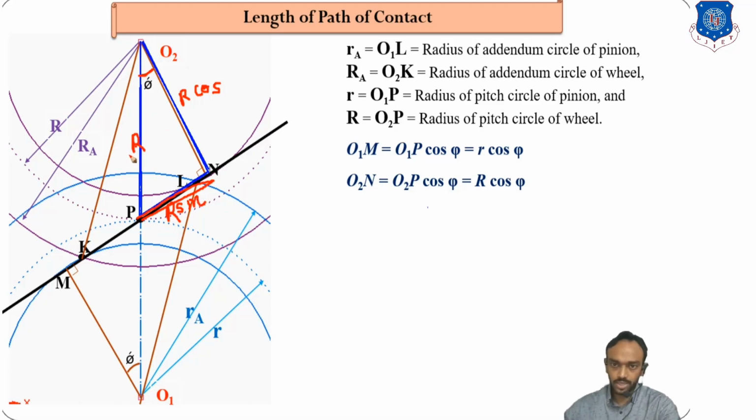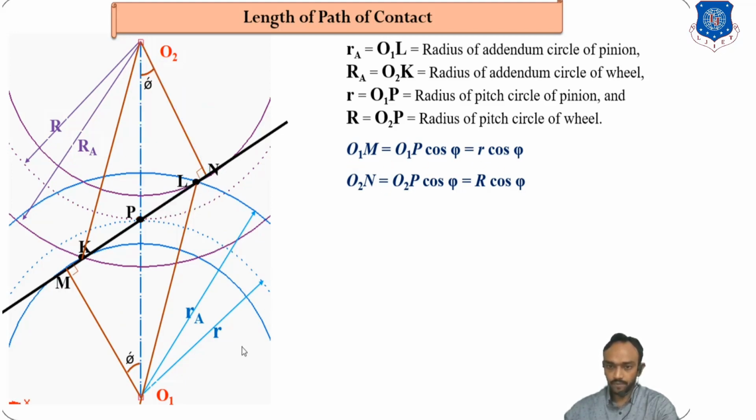Okay, so that's how the pitch circle radius capital R has two components, R cos phi and R sin phi. So O2N will be capital R cos phi, and same as O1M will be small r cos phi.